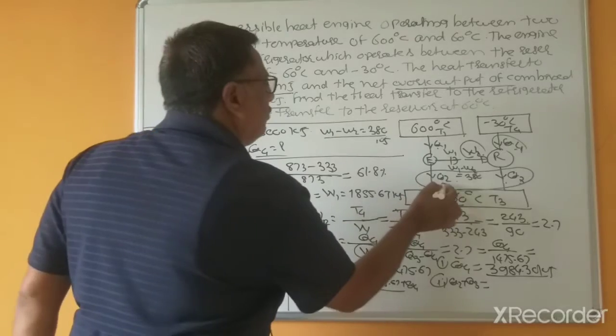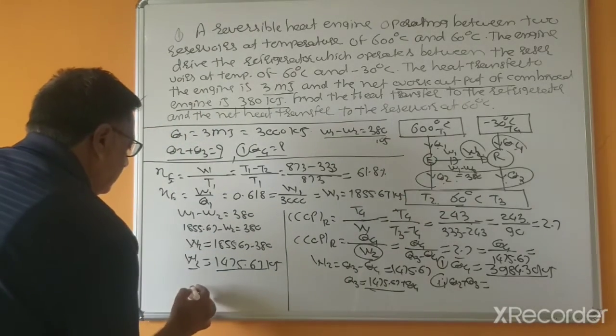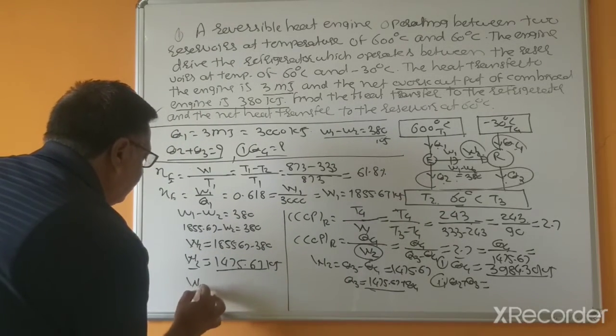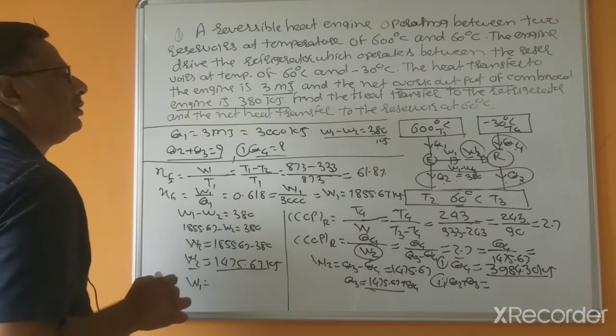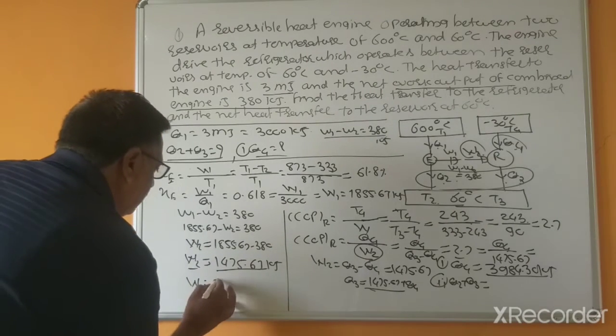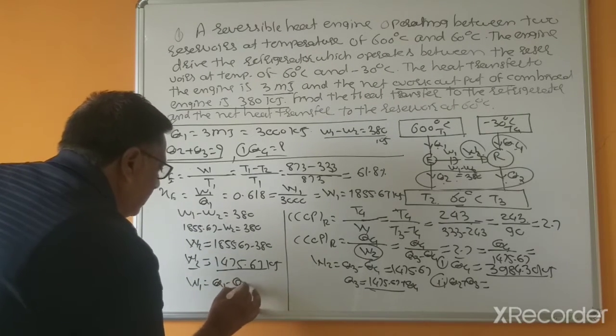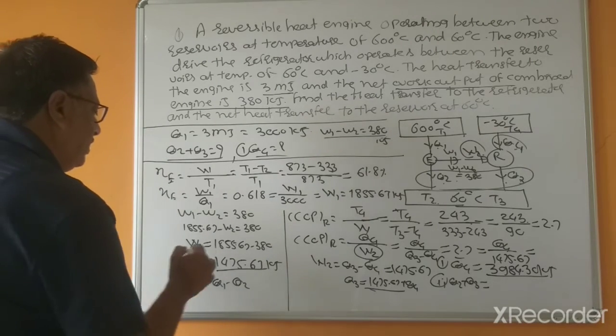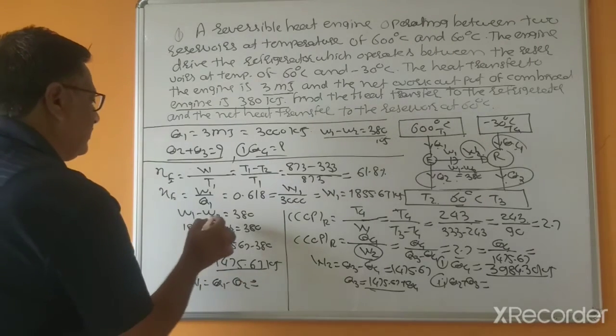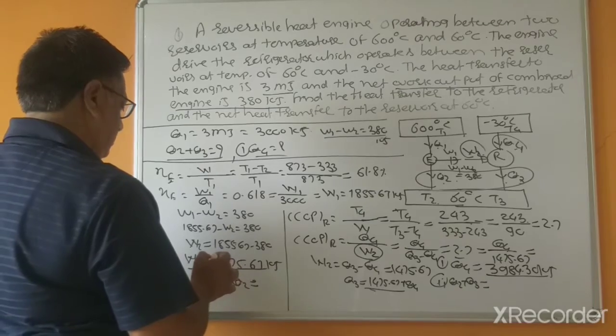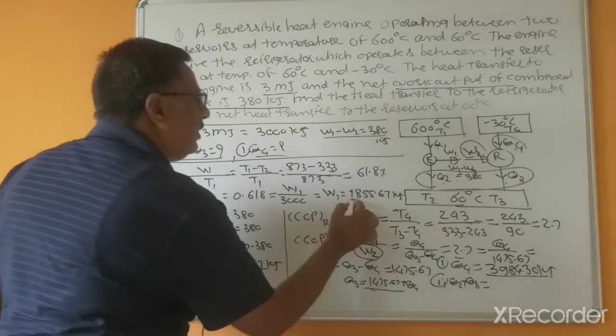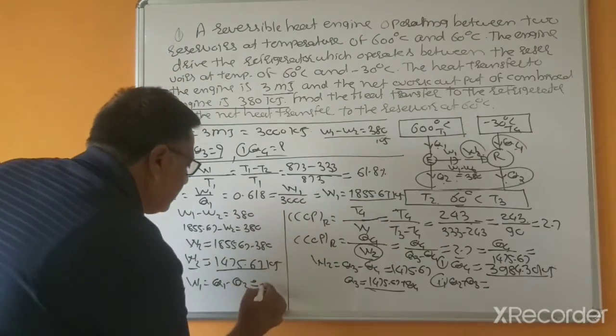We can calculate W1 equal to Q1 minus Q2, and W1 equal to 1855.67.